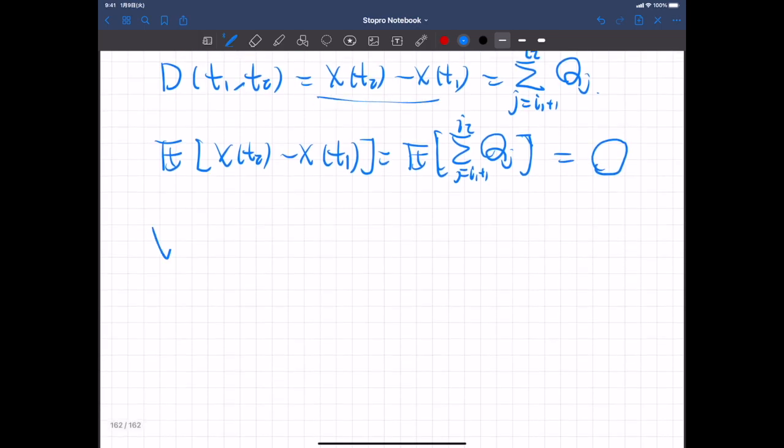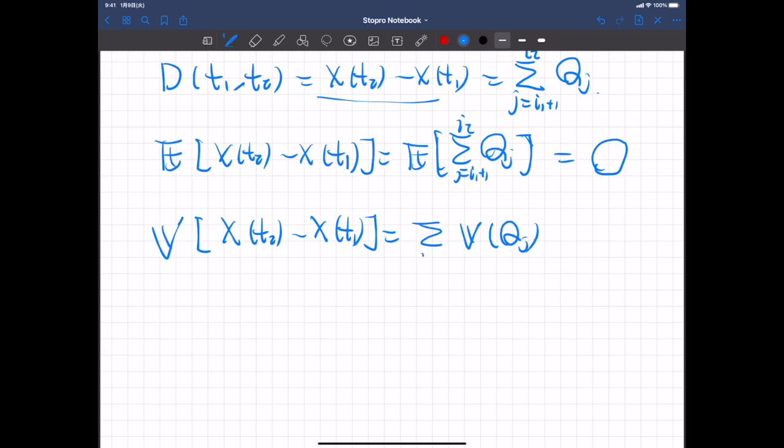And the variance of this difference will be the sum of the variances of qj's.